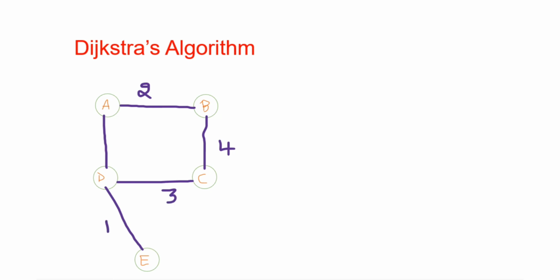A to D is 1, and B to D is 7. This is the highest weight, 7. This is my graph.